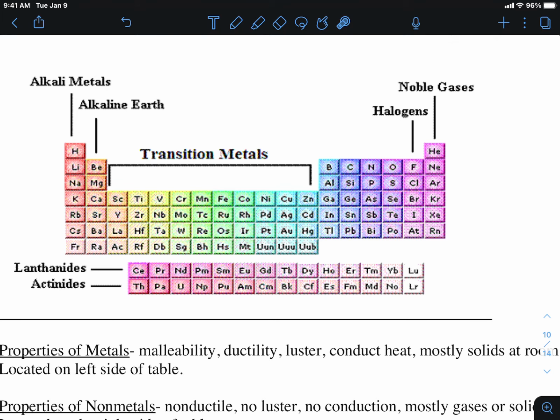And now you know that the reason for these shapes and columns is because the electrons in these elements fill in certain subshells in a certain order. 1s fills first, and then 2s, then 2p, then 3s, then 3p, 4s, 3d, 4p, 5s, 4d, 5p, 6s, 4f, 5d, 6p, and so on.